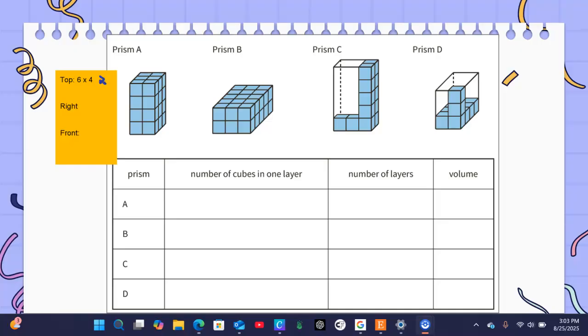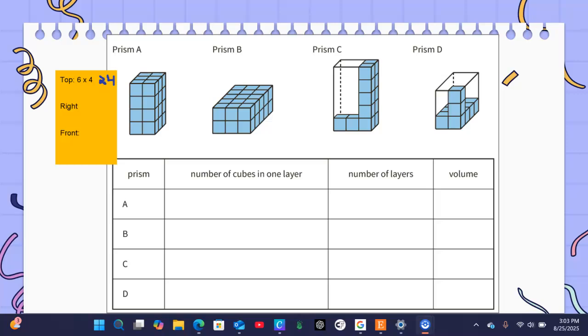So that was yesterday. Today we're going to do something a little bit different. We're going to identify the base or the front facing, right? And we have to figure out, well, what are the numbers that we would multiply just for the area of that base or that face. Now, your face could be shown at the top.